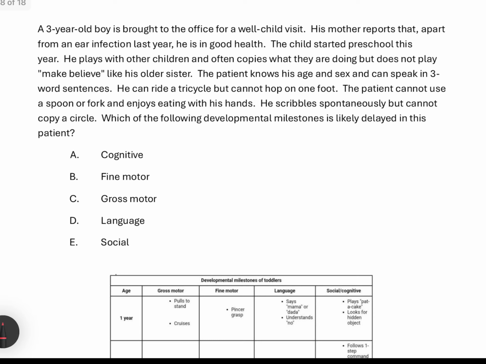A 3-year-old boy is brought to the office for a well child visit. His mother reports that apart from an ear infection last year he is in good health, and the child started preschool this year. He plays with other children and often copies what they are doing, but does not play make believe like his older sister.